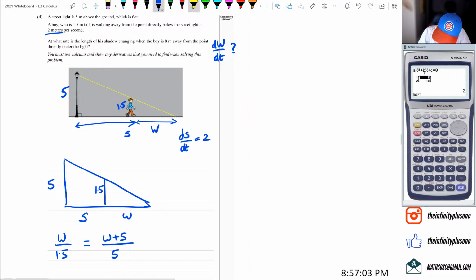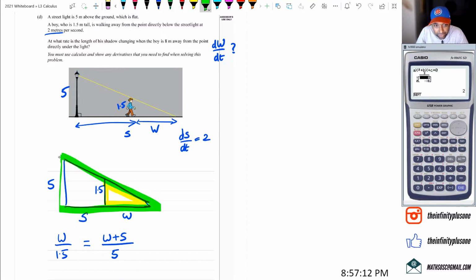What I've done here is create similar triangles. I've got this yellow triangle and the green triangle. With the yellow triangle, I'm doing base divided by height, so it has the same ratio as the green triangle, base divided by height. That's all I've done so far.